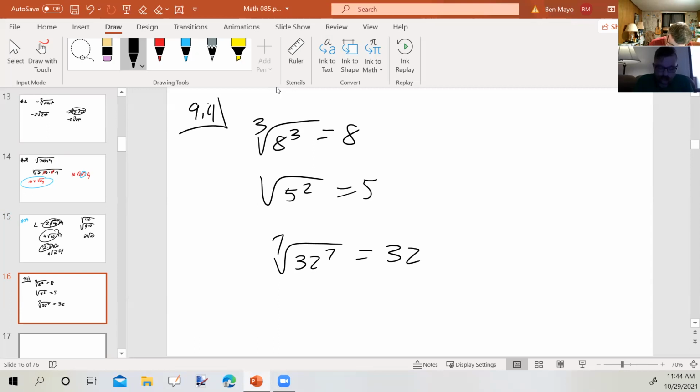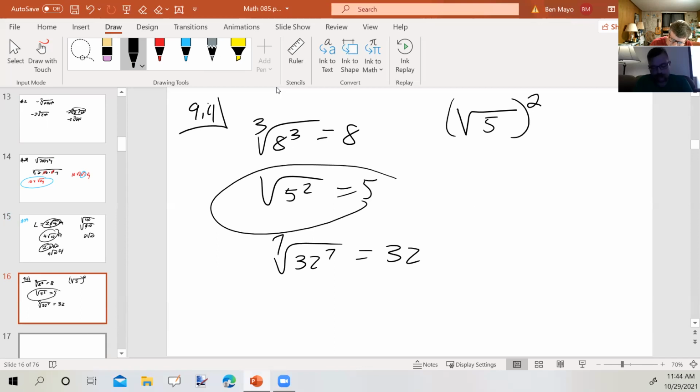All right. So what about the square root of 5, squared? Here, the square root of 5 squared is 5, where we're squaring it and then taking the root. But what about the square root of 5, squared?